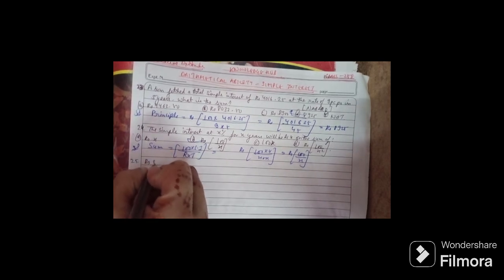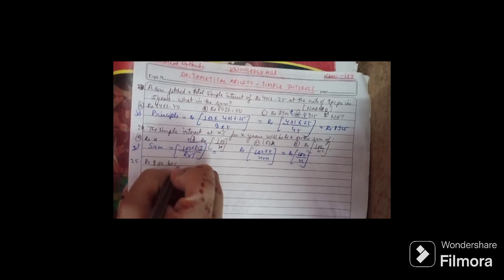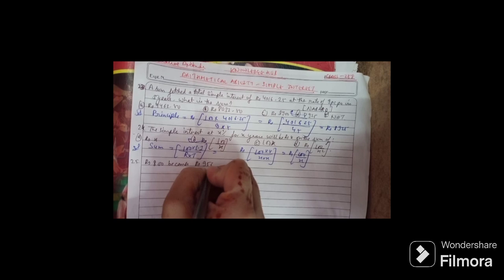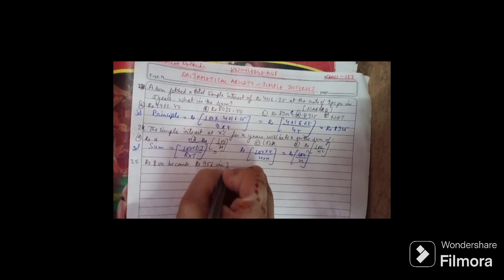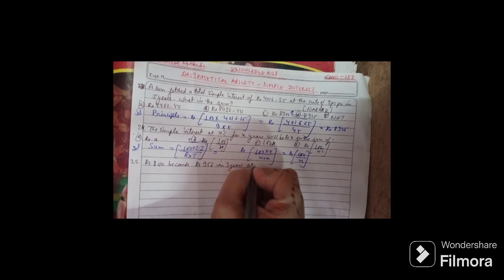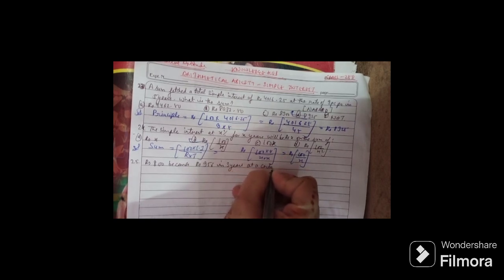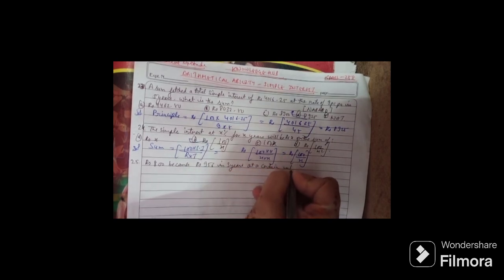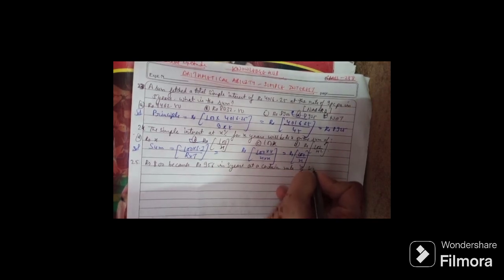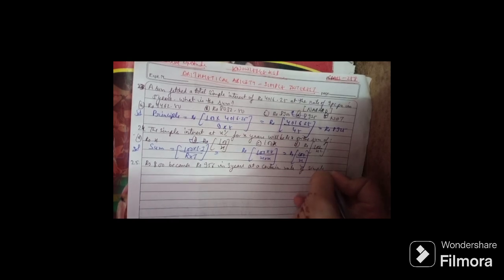Rupees 800 becomes rupees 956 in 3 years at a certain rate of simple interest.